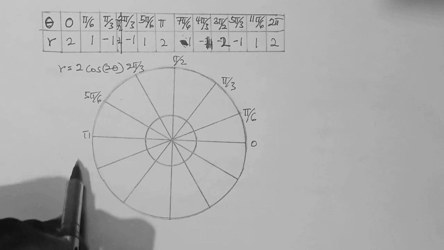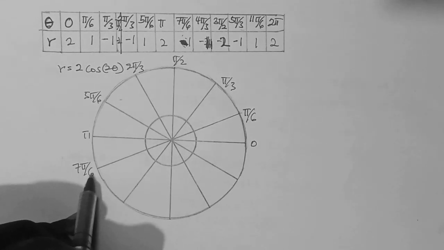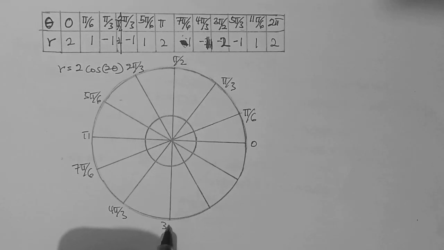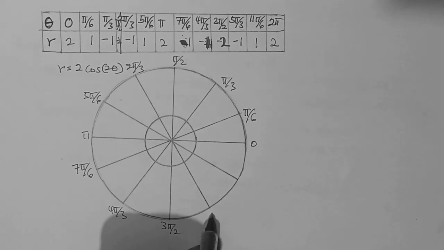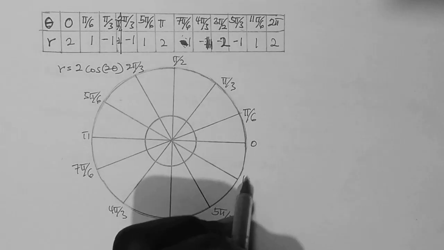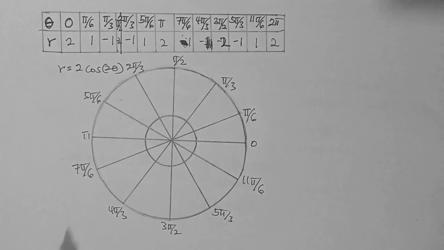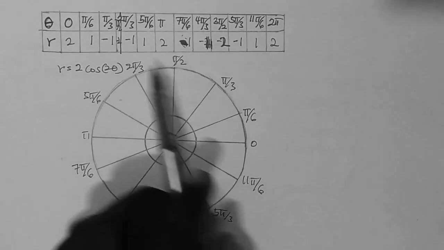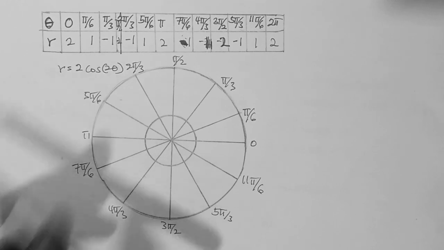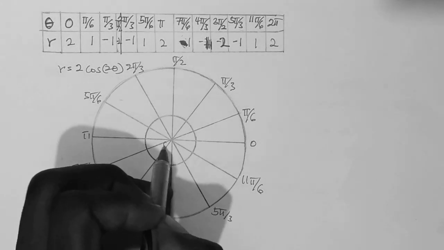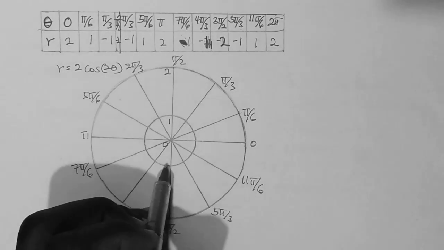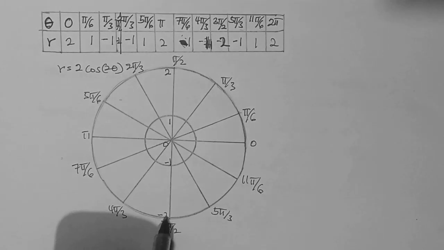Here's pi, 7 pi on 6, 4 pi on 3, 3 pi on 2, 5 pi on 3, then 11 pi on 6. But if you look through the values, you can see that we only have 1 and then 2. So here is 0, here is 1, and here is 2. Then here is minus 1, and here is minus 2.